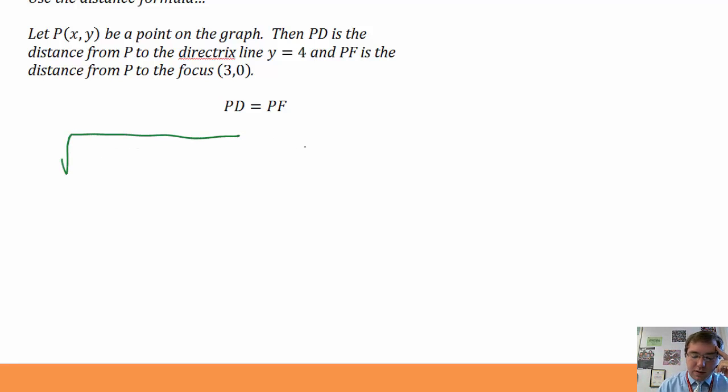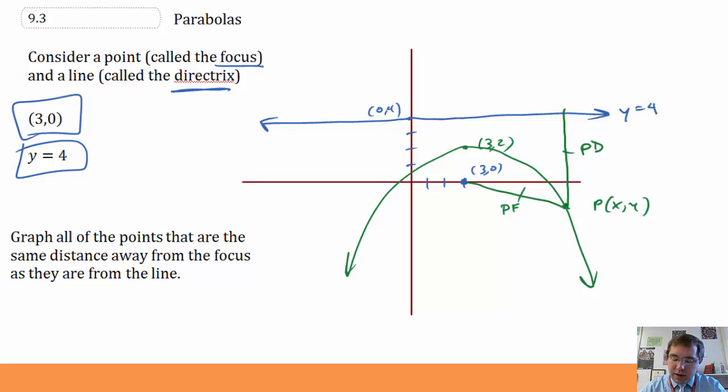So what's the distance from P to the directrix line y equals 4? Well, if this is the point (x, y), the point up here on the directrix line must have the same x-coordinate as my point does. So that point right here must be the point (x, 4).